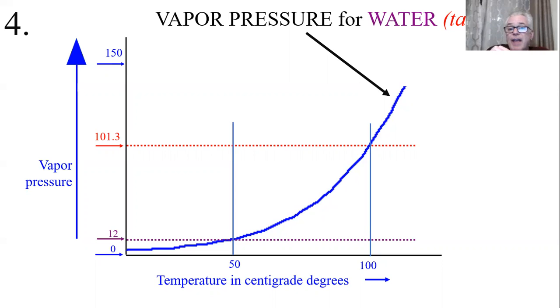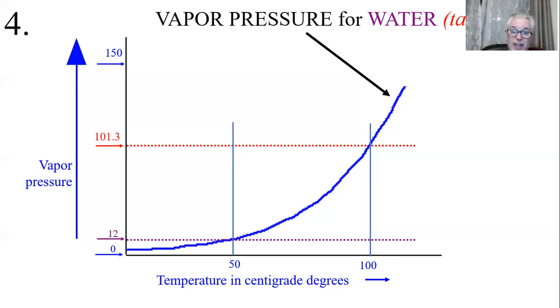Also, if you heat it up to, say, 70 degrees, it's not on my slide, but we can look at this picture. If we go to 70 degrees and go up to the water line, now we're up to 30 kPa. So if we had a closed system and heated it with water inside up to 70 degrees centigrade, which is way too hot for people, almost cooking temperature, we're going to have 30 kPa.